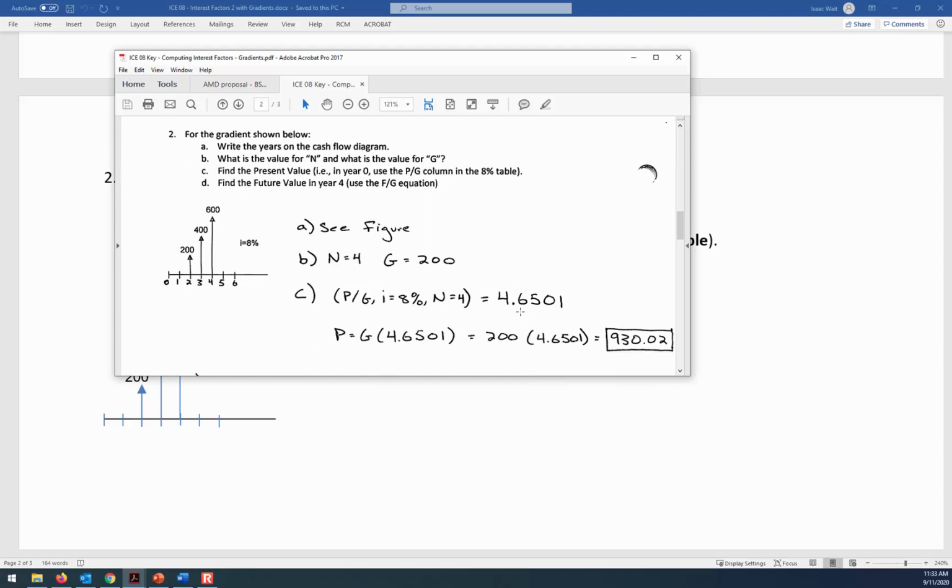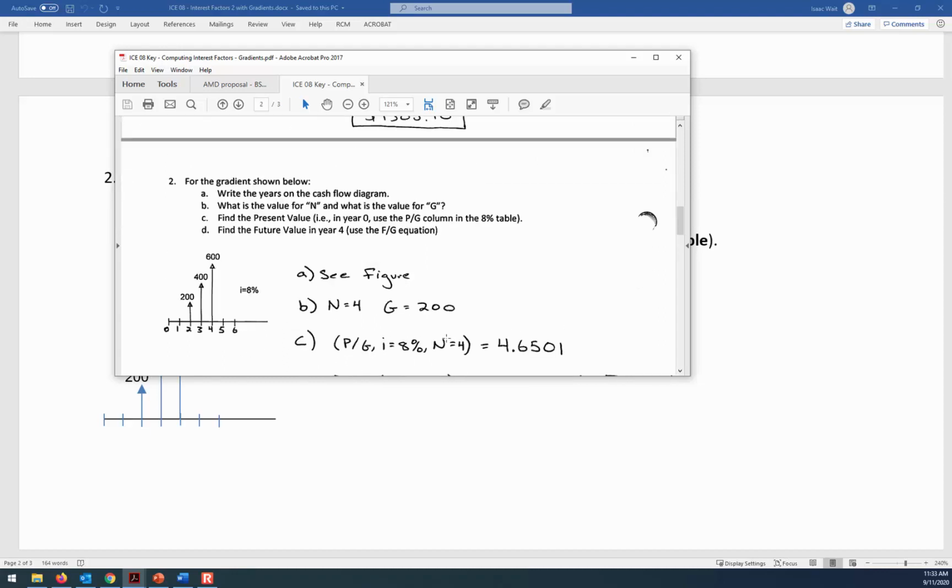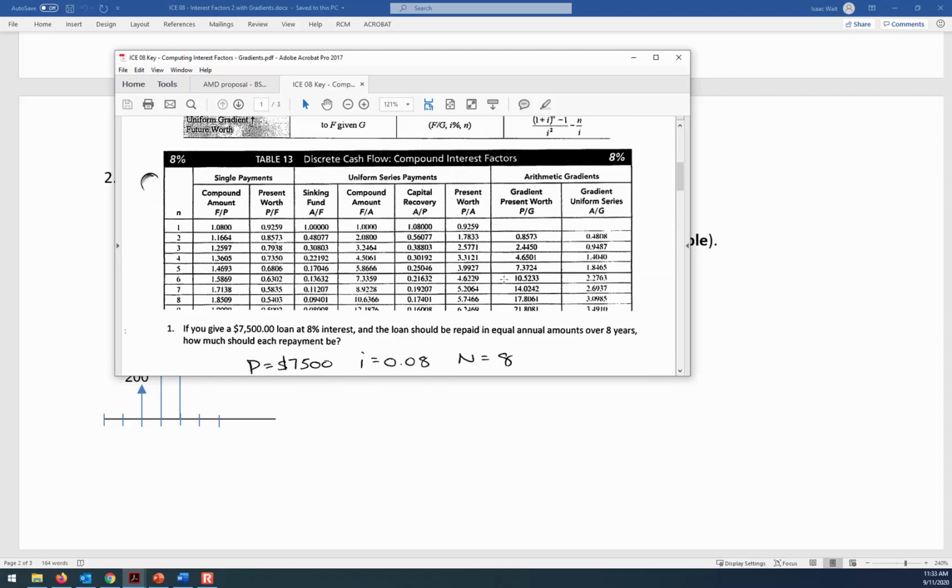So the factor 4.605, I'm sorry, I was looking at the wrong problem. So this is 8% interest, but n equals 4. All right, so 4.605 is there. Okay, so P/G, n equals 4, is 4.605.